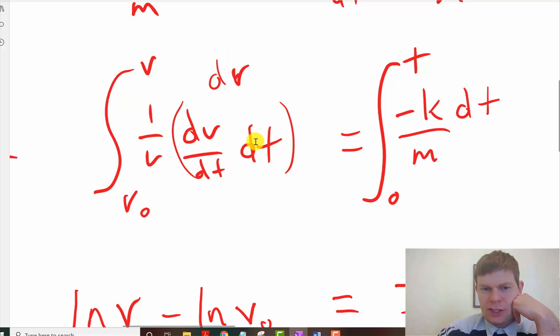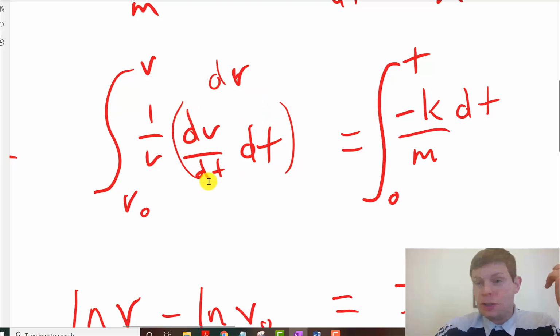This is a small change in t. This is the small change in velocity that corresponds to that small change in time. And so this is basically exactly substitution.